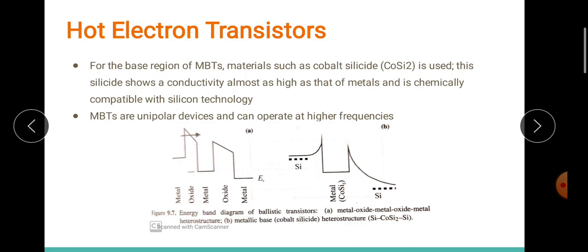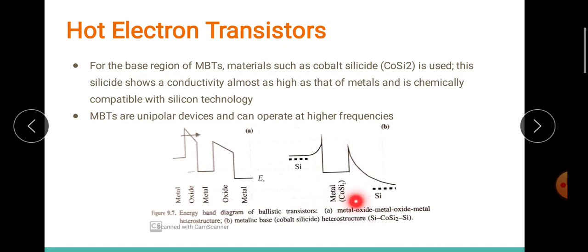So we have the metal oxide interface type of heterostructure, and in this case, for the first case, the metal oxide kind of heterostructure, the electrons are injected by tunneling through a thin barrier into the emitter junction, right?